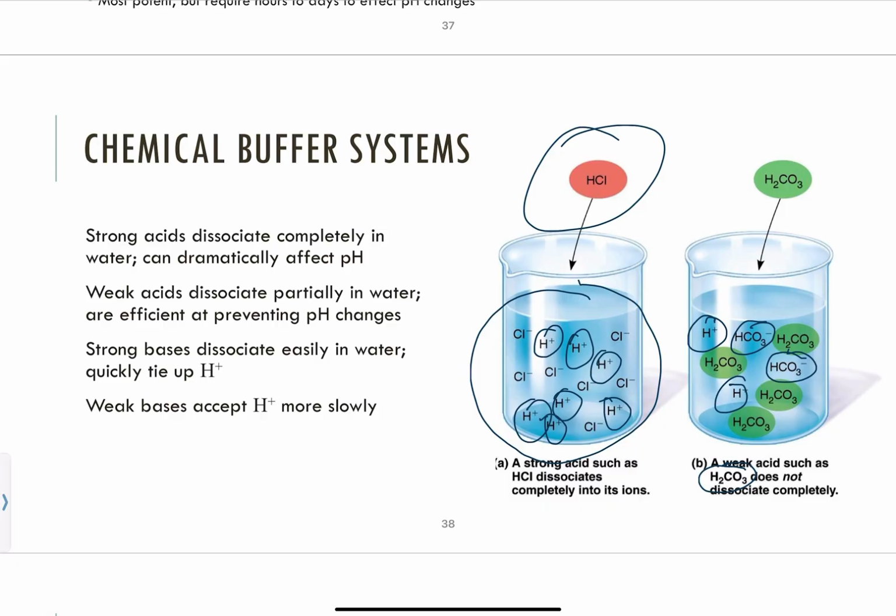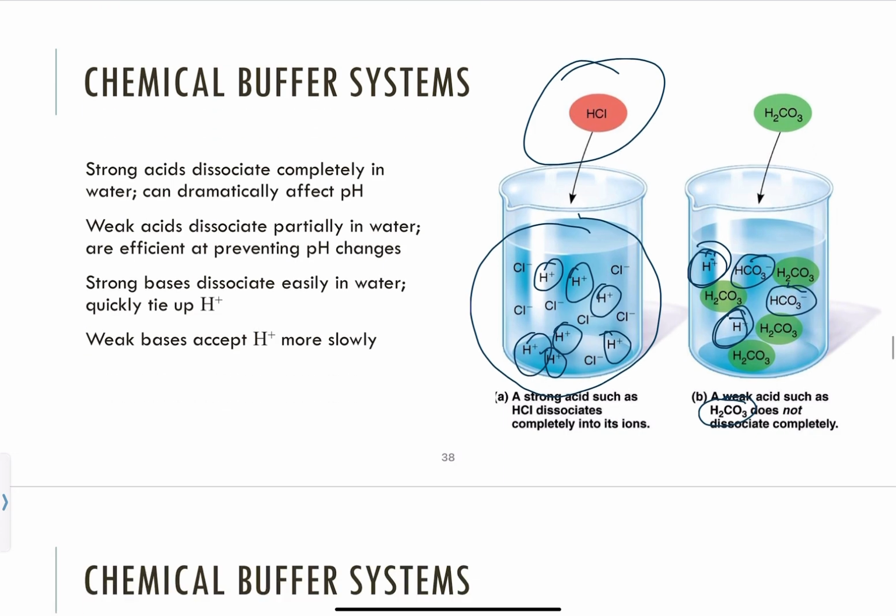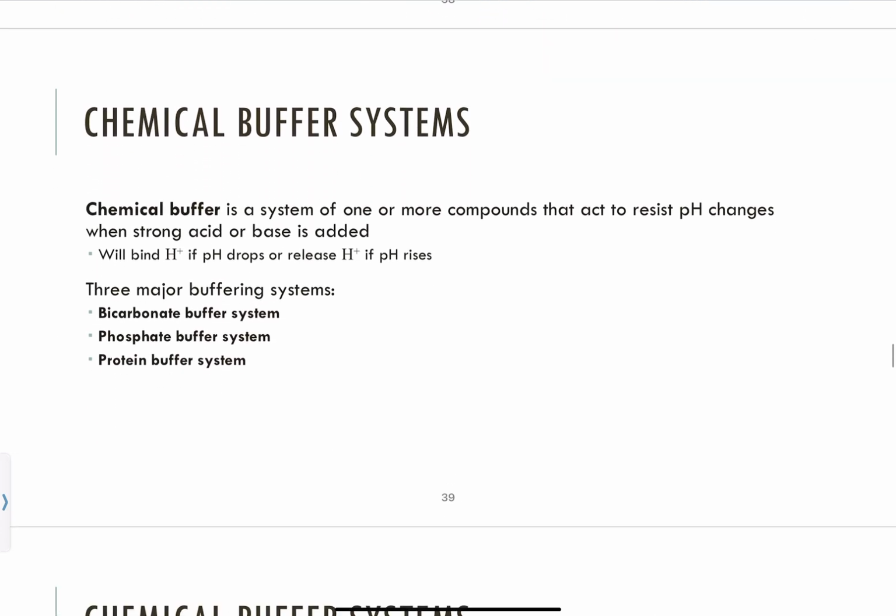If we're talking about a weak acid like carbonic acid, when it dissociates, we only produced 2 of these hydrogen ions, so a very low hydrogen ion concentration, which would indicate that it would have a little bit higher of a pH than our hydrochloric acid. And we could use it to an advantage by, again, not causing as much of a swing in our overall fluid pH. So bases act basically the same way.